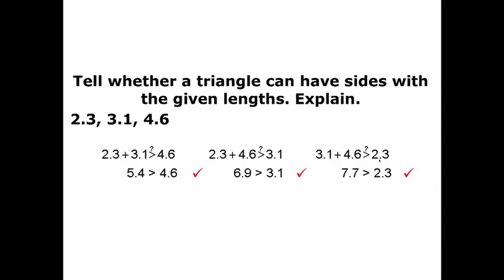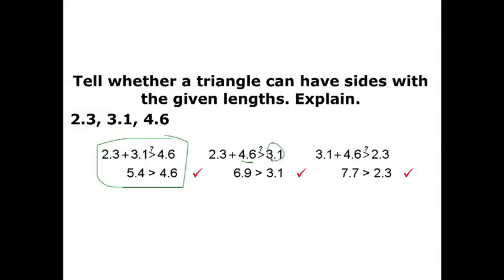Now, let's talk about why I can pretty much ignore 2 of them. If you look at the one that I've suggested you need, it is the 2 smaller ones adding up to more than the larger one. This is the one that really matters. Let's take a look at this second case here, where I'm looking at the first and the third number. 4.6, since my sides are all positive numbers, if I add a positive number to 4.6, in this case 2.3, is it going to be bigger than 3.1?